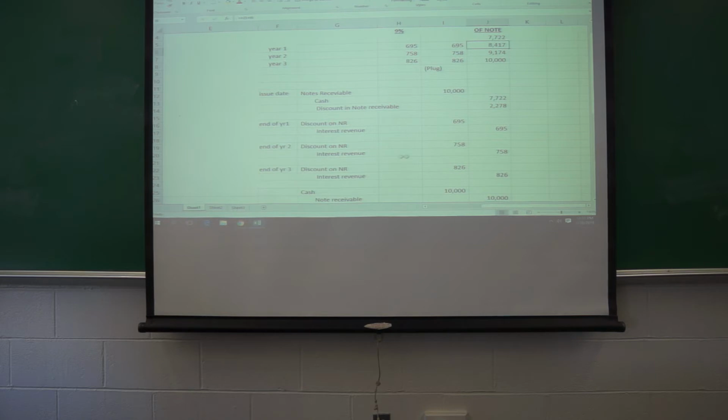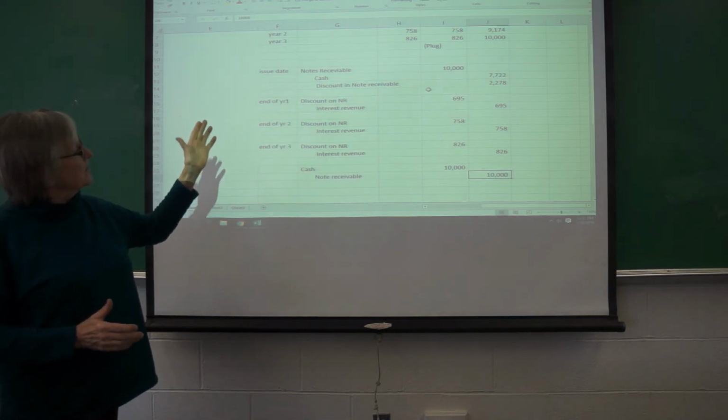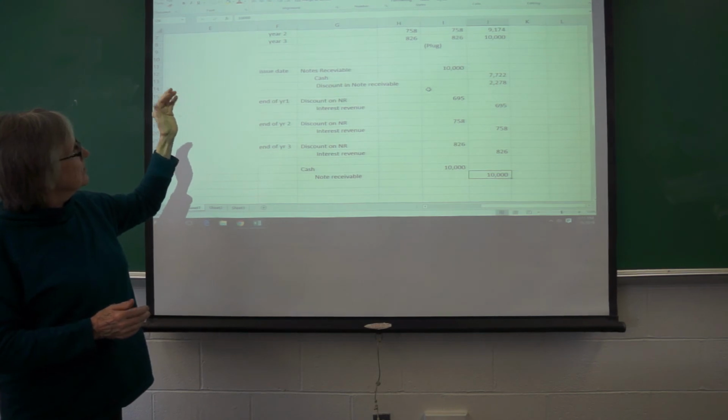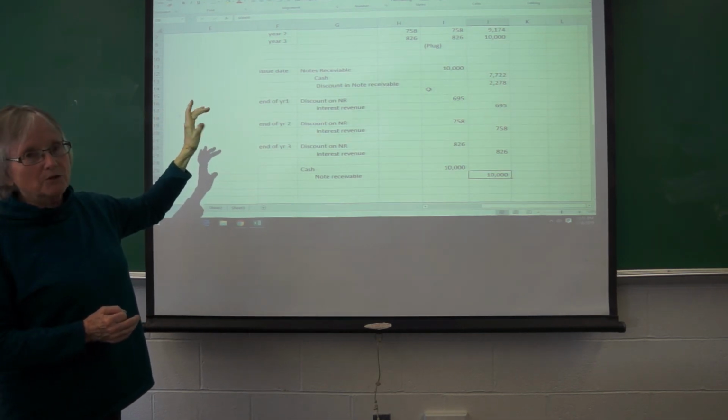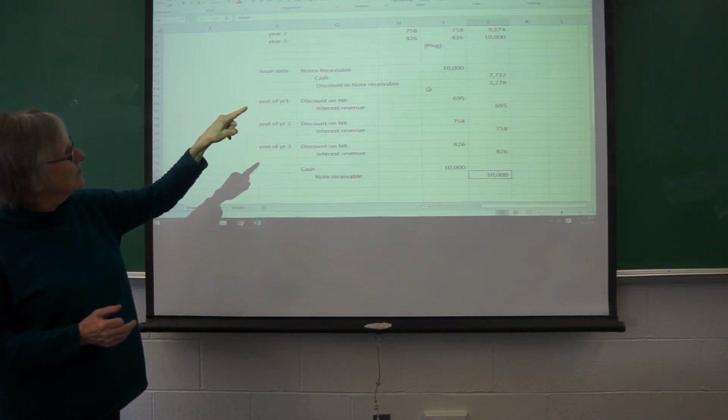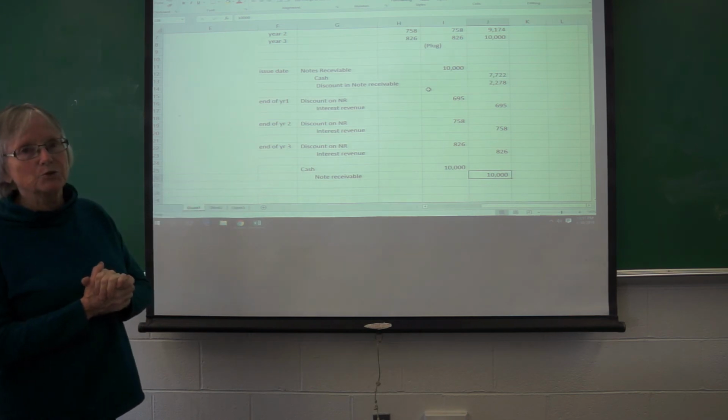At the end of year 2, we recognize more interest, same for year 3. At the end of the 3 years, the carrying value of the note is up to the 10,000. We've recognized all of the discount. On the financial statement you show the face value of the note, but it's note receivable less discount on notes receivable, so the carrying value starts out at that 7,722.